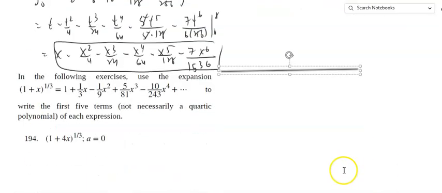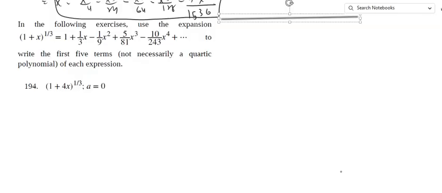So any form that looks like this, they say, look, 1 plus x to the 1/3 is given by this. Very good. There's x right there. And the 1/3 matches. Very good. The only thing that's varying is this part. So what do you think that's going to be?